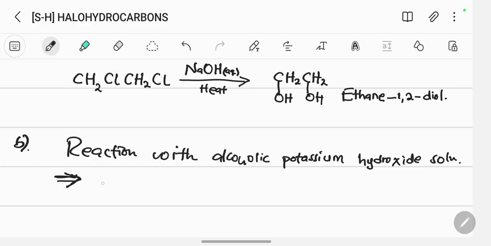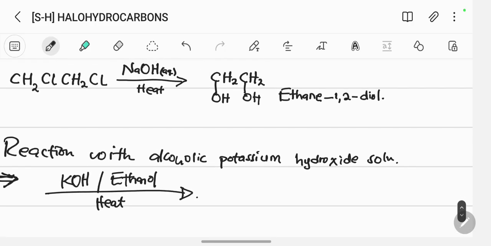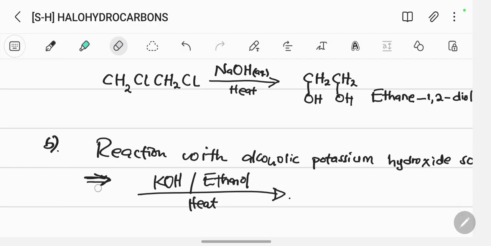So I mean that reaction where we had potassium hydroxide and ethanol, the condition was heating, and we ended up with, let me try to summarize it here.